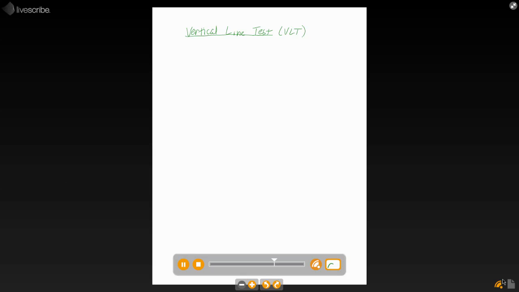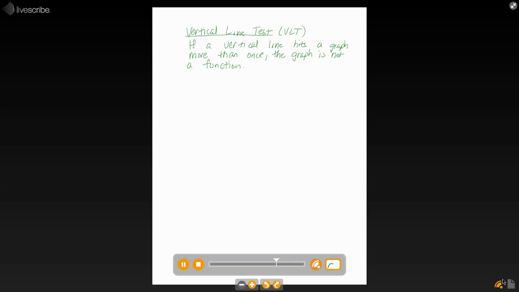If a vertical line hits the graph more than once, it's not a function. So a vertical line can't hit the graph more than once.